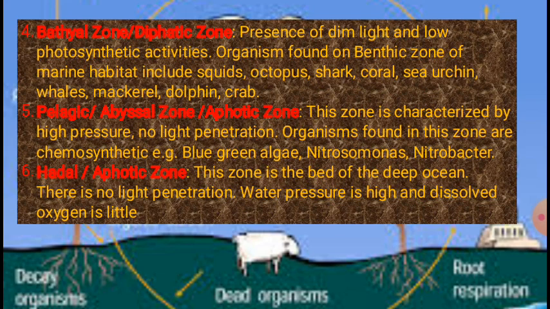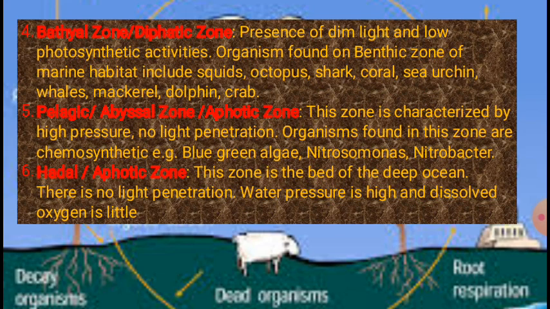We have the pelagic or abyssal zone. This zone is characterized by high pressure and no light penetration. Organisms found in this zone are chemosynthetic, e.g., blue-green algae, nitrosomonas, nitrobacter.